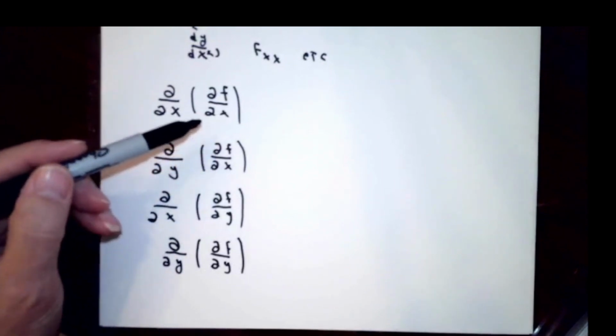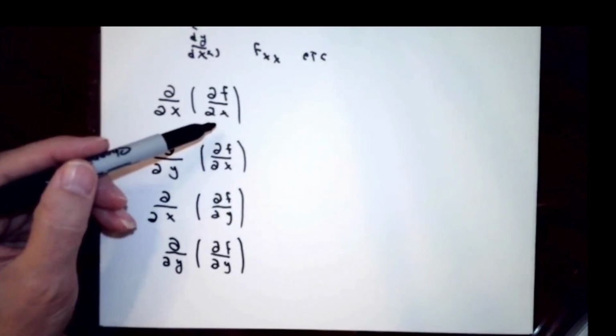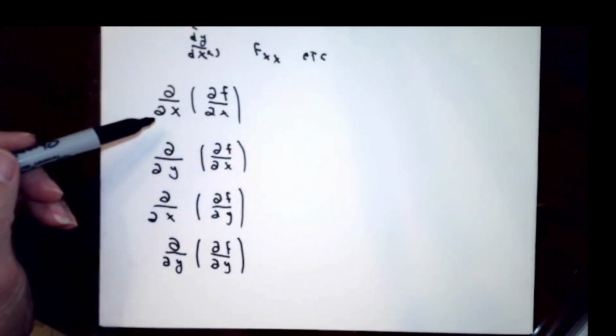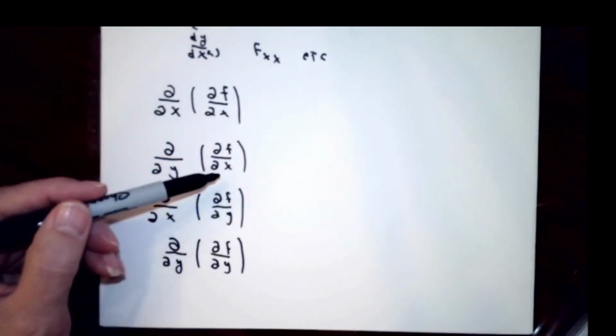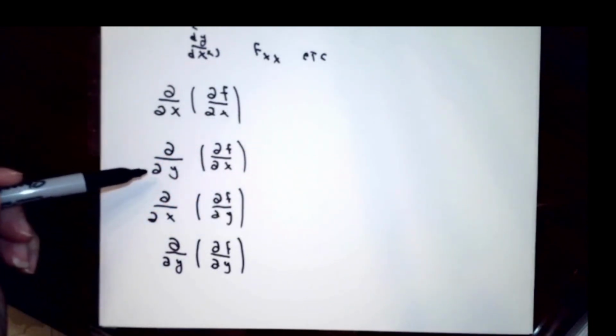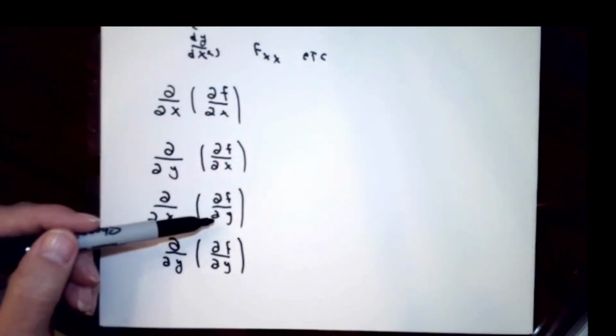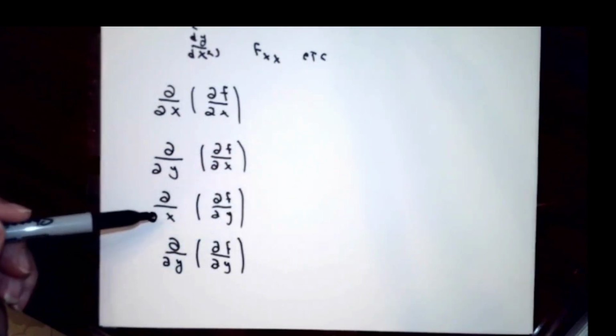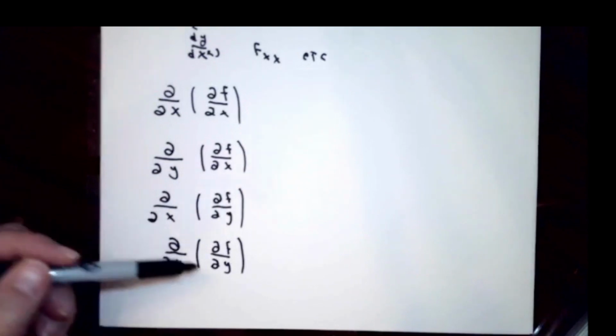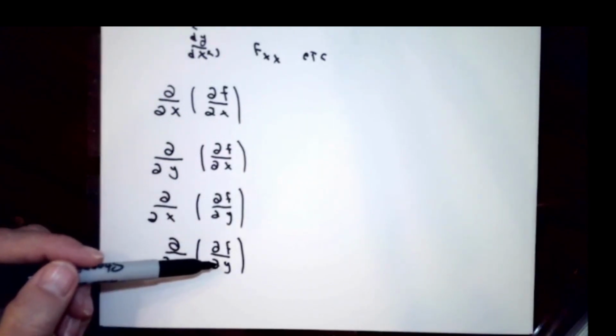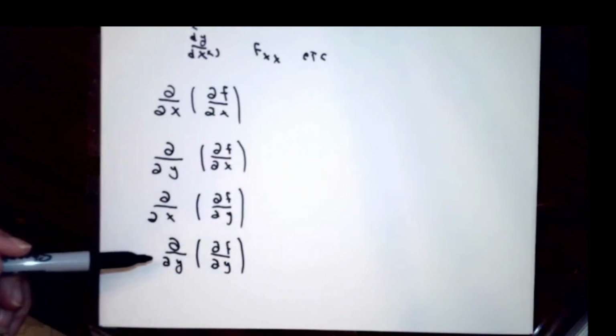I could differentiate with respect to x first, and then with respect to x again, or with respect to y first, and then take the derivative with respect to x, or do the derivative with respect to y, and then differentiate that with respect to y.